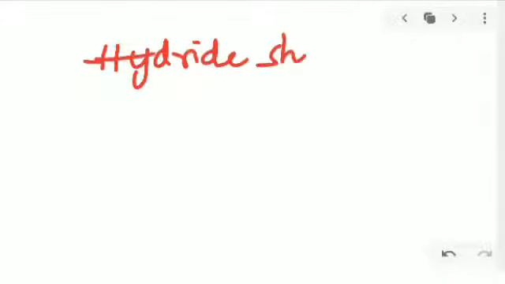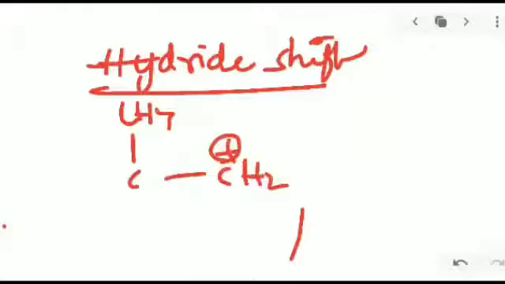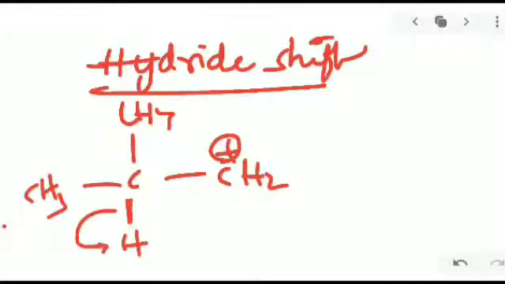First, the hydride shift. Here is the primary carbocation, with 1 H and CH3. The bond goes to this side, and the 2 electrons shift here, so it gets a positive charge, and a stable carbocation is formed.